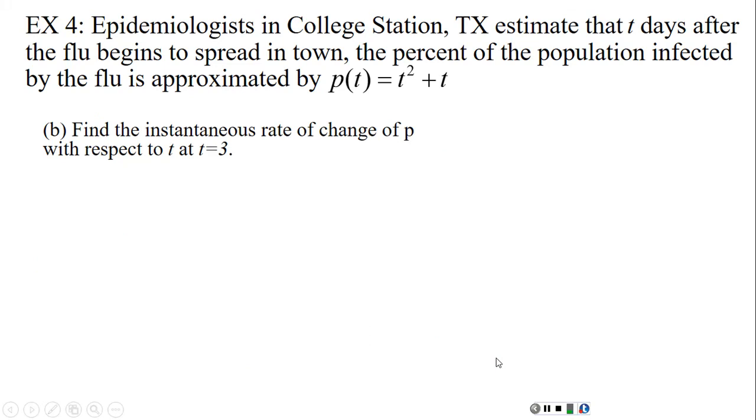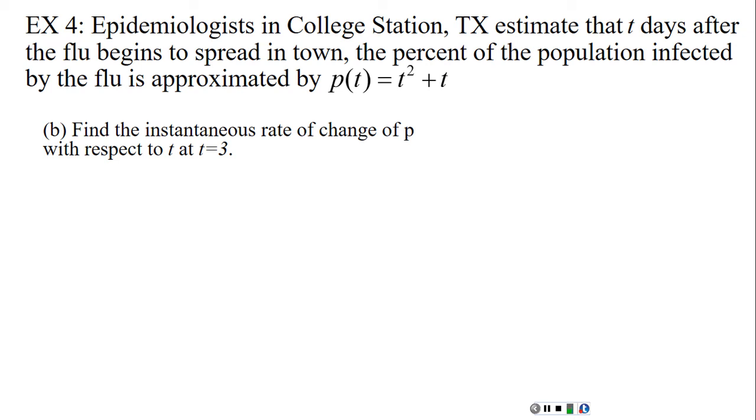So part B, the same exact problem. It says find the instantaneous rate of change, which also means derivative, which also means the slope at a point. Find the instantaneous rate of change of the percentage of the population of the flu with respect to t equals 3. So that means on day 3.